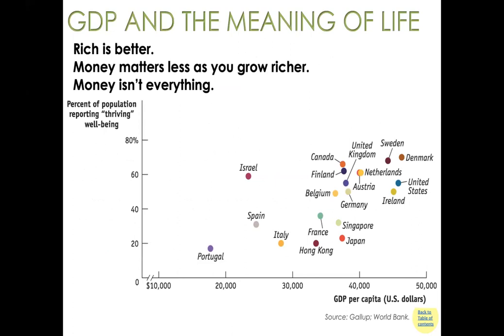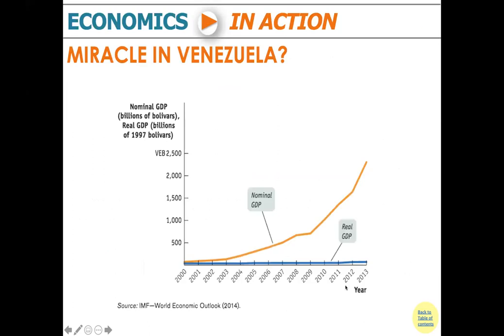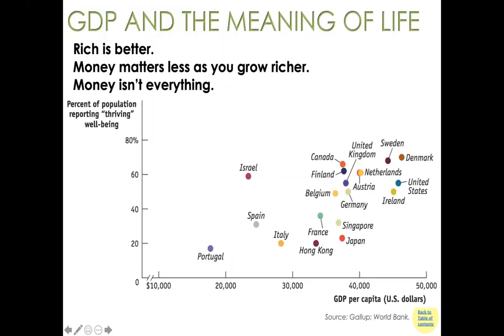Okay. So what do we have here? We have GDP per capita on the horizontal axis, and the percentage of population reporting thriving on the vertical axis. And this vertical axis, essentially we can interpret as the happiness index, right?